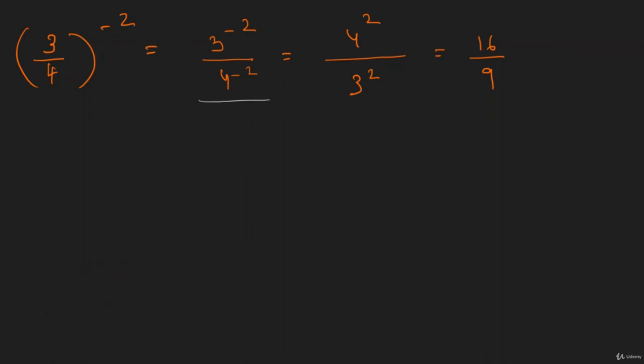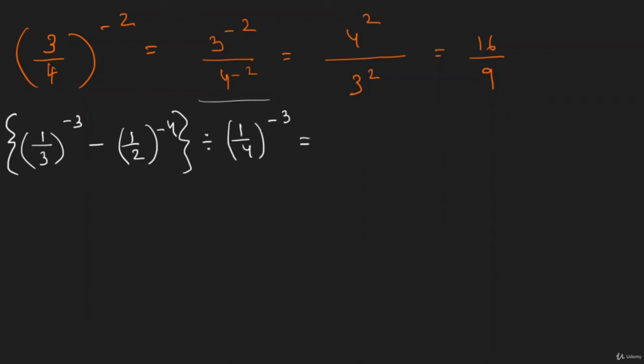Let's try this problem now. Alright, now to start with, let me open these brackets and take the powers in. Alright, so this becomes 1 divided by 3 to the power minus 3 minus 1 divided by 2 to the power minus 4, divided by 1 divided by 4 to the power minus 3.